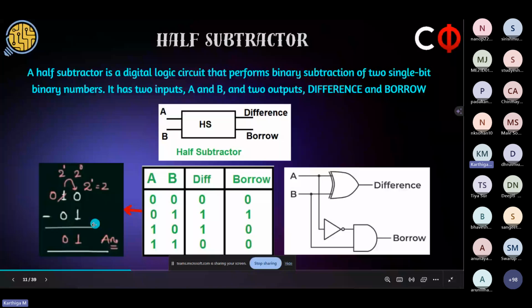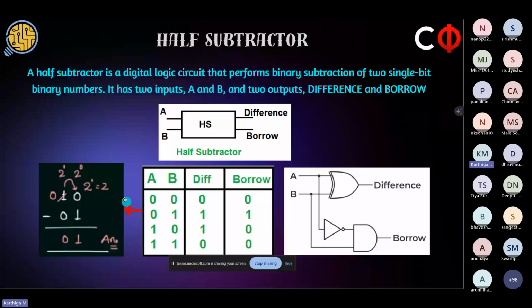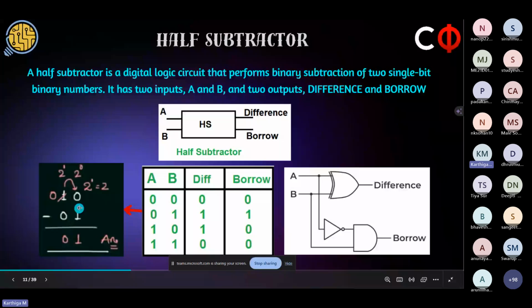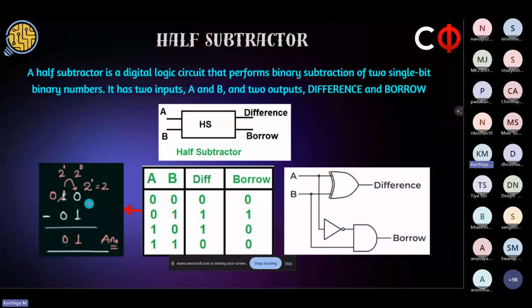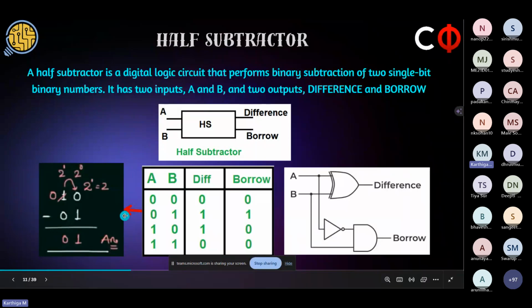If you're subtracting, say, 8 from 10, directly you can say it's 2, but what actually happens is you take off the decimal digit 1 and you make 0 as 10, and then you subtract 8 from 10 and you write 2, right?